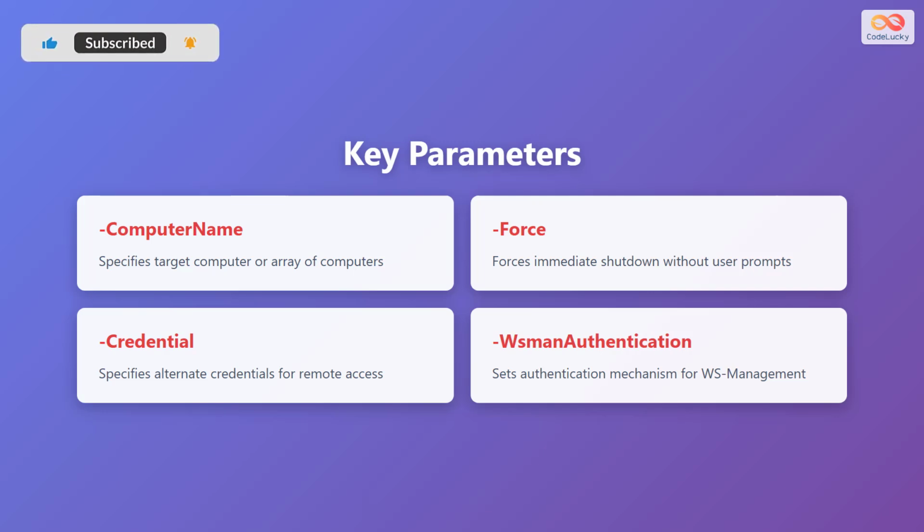The -WsmanAuthentication parameter sets the authentication mechanism for WS-Management, which is the underlying protocol used for remote operations. This parameter gives you control over security protocols when managing remote systems.